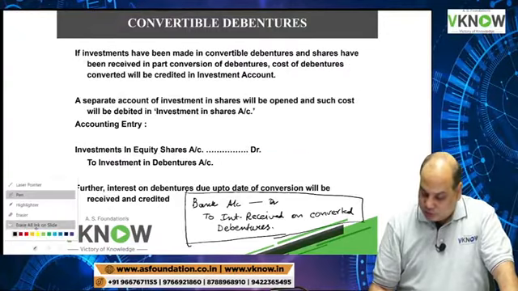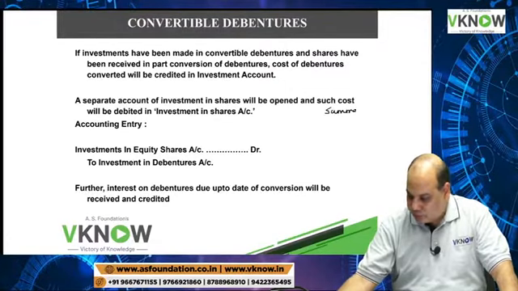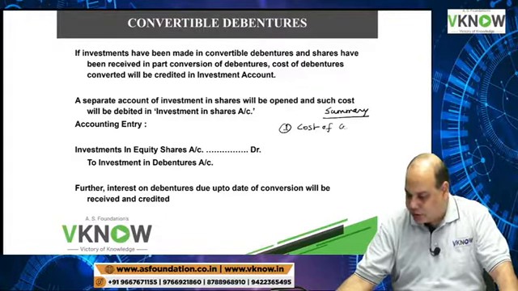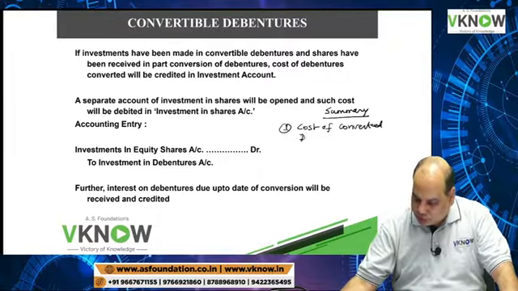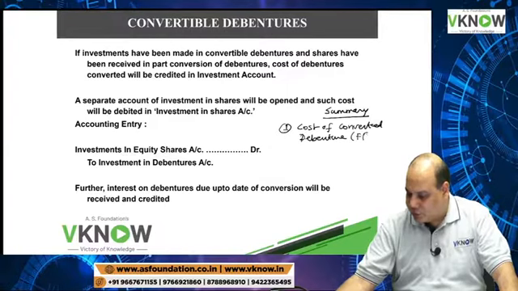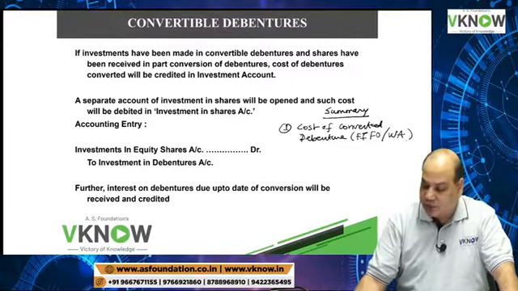So I will summarize quickly. What are the steps you have to perform? You have to find the cost of converted debenture. You have to see whether the company is following FIFO or weighted average. You now know how to solve FIFO and weighted average.